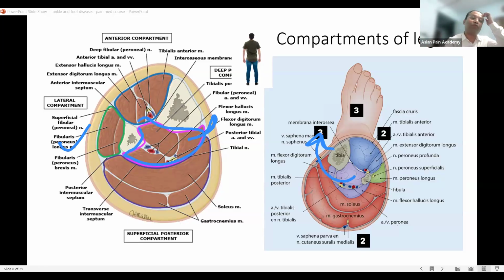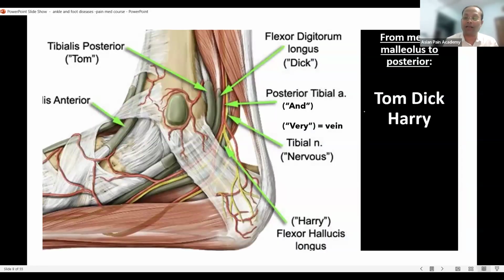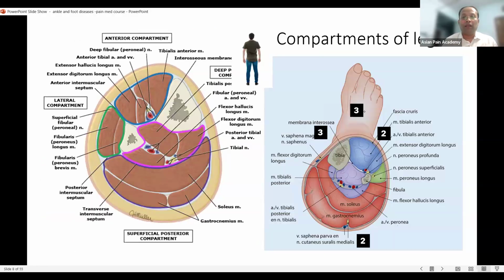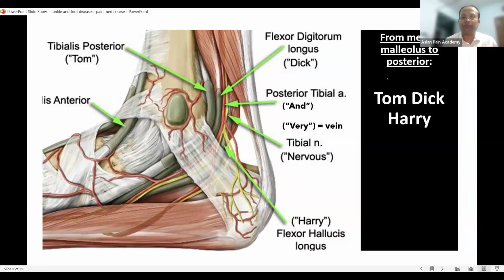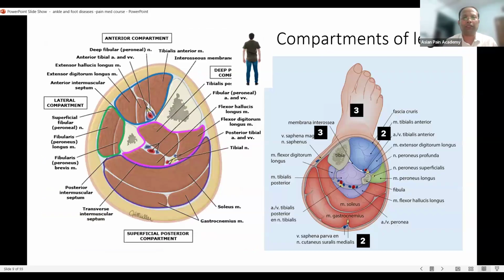The anterior compartment always remains on the anterior side and forms the extensor tendons, the ankle extensors. When they contract on the anterior side, they act as anterior extensors. As I told you, the deep posterior group comes to the medial side.